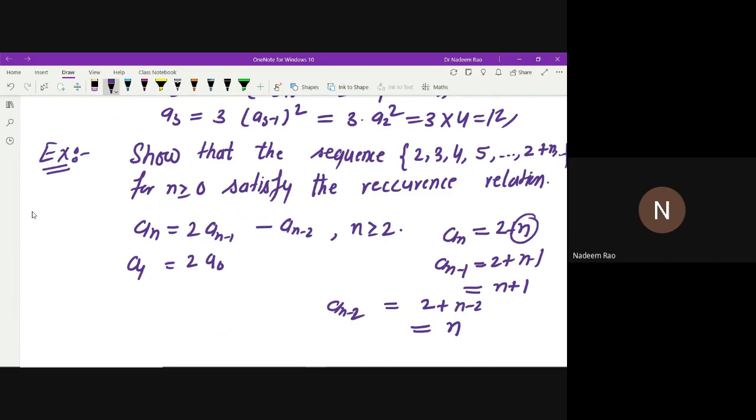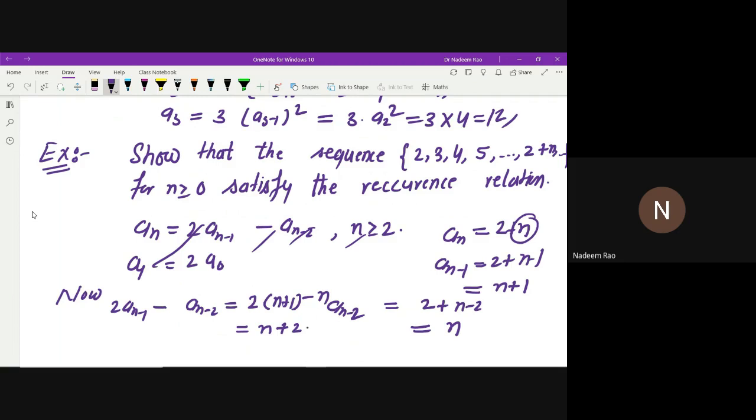Now we cross-check it. 2 times a_{n-1} minus a_{n-2} will be equal to 2 times (n plus 1) minus n, which is equal to n plus 2.